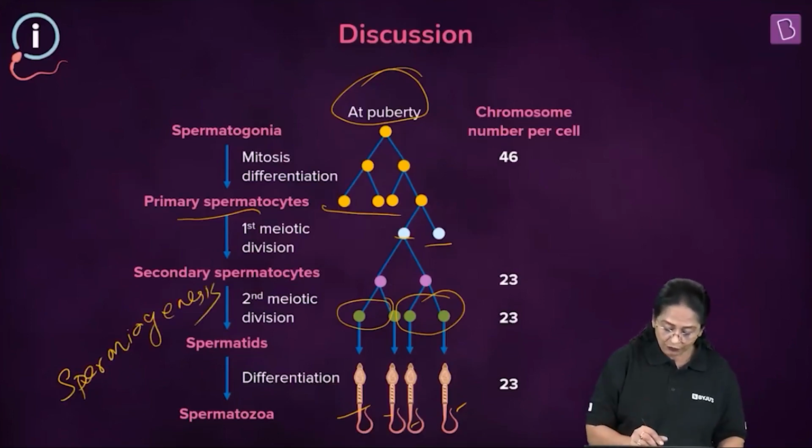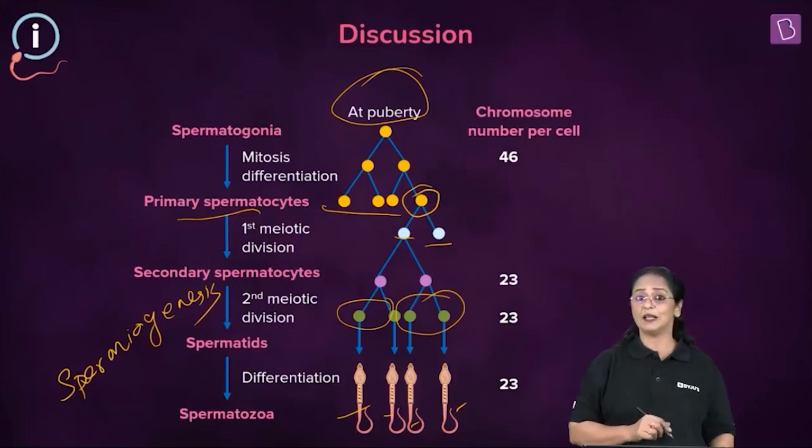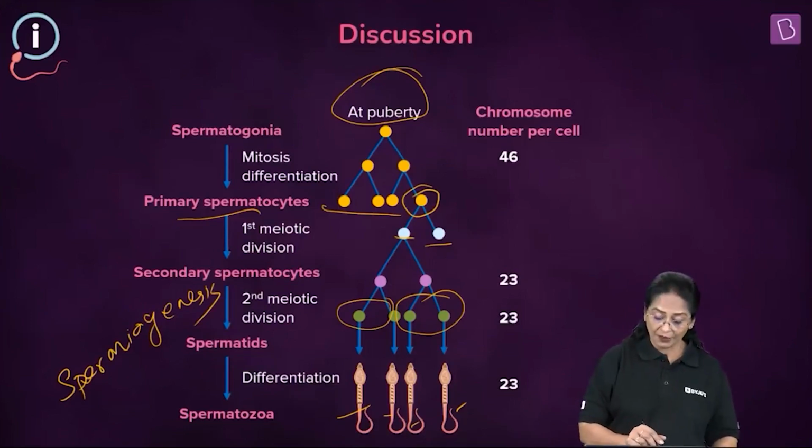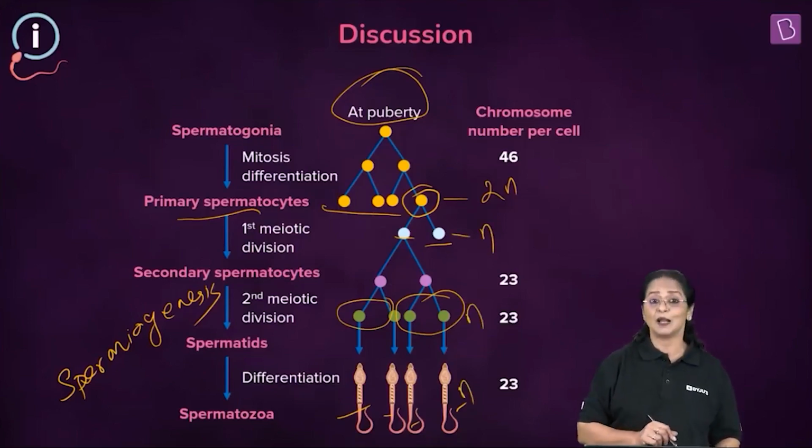So now if you look, from one primary spermatocyte, how many male gametes did we get? Now the primary spermatocyte is diploid. By the time it finishes meiosis 1, the secondary spermatocyte is haploid. The spermatid is again haploid, and the sperms, which are the male gametes, are haploid.